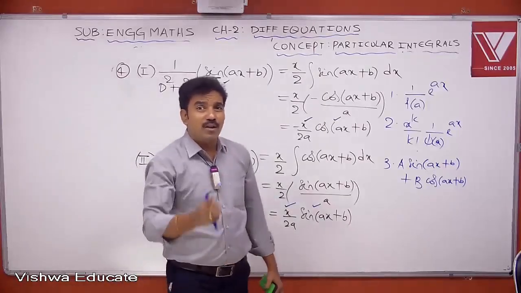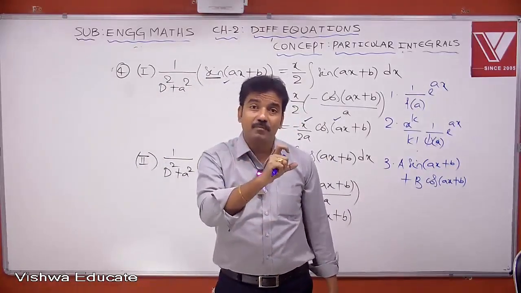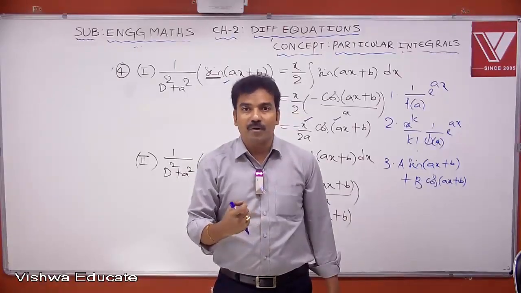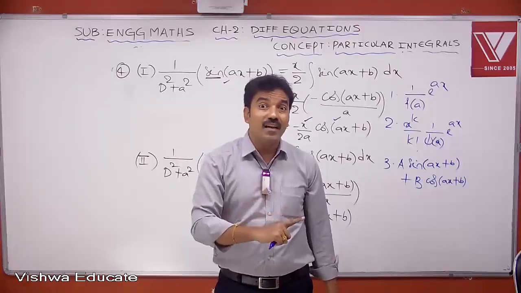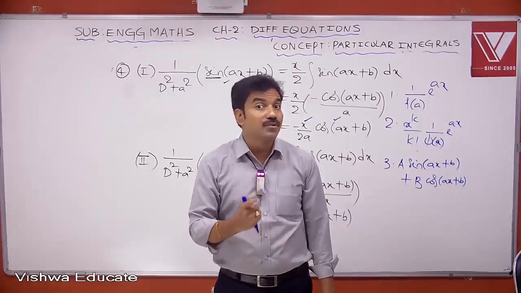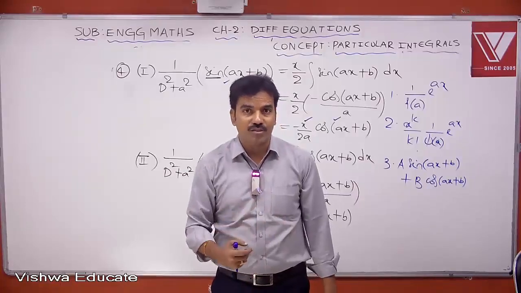I told you, when you get both sine and cos, f of d contains both even powers of d and odd powers of d. If it contains only even powers of d, you may get only sine terms or only cos terms. But if f of d contains both even and odd powers of d, then you get both sine and cos functions.